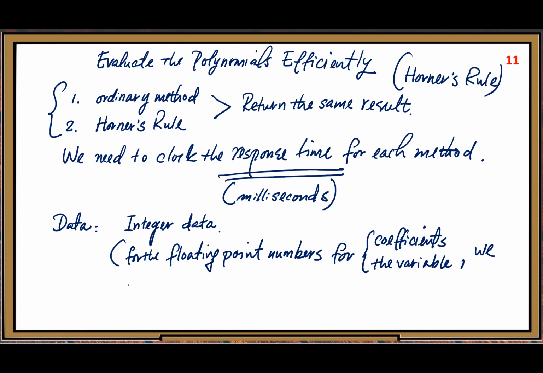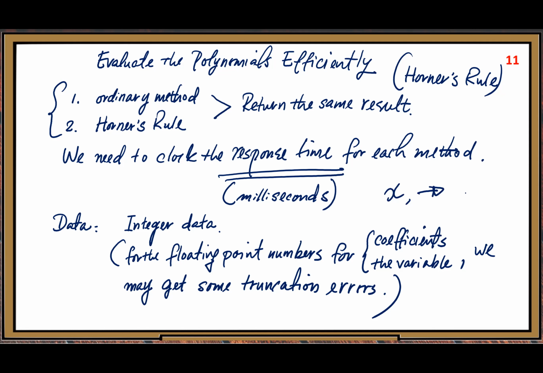If we use floating point numbers in these two places, we may get some truncation errors. What's that? Truncation. Remember, in a computer, when you use floating point numbers, let's say a floating point number x, and now you need to calculate x to the kth power. You do multiplication.